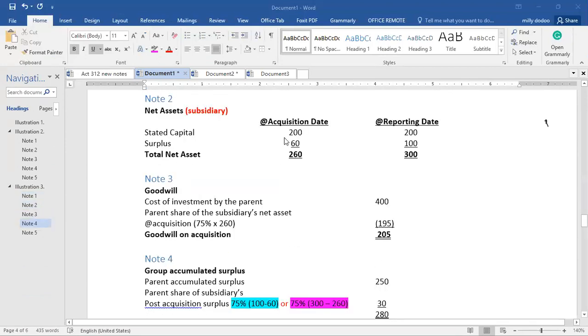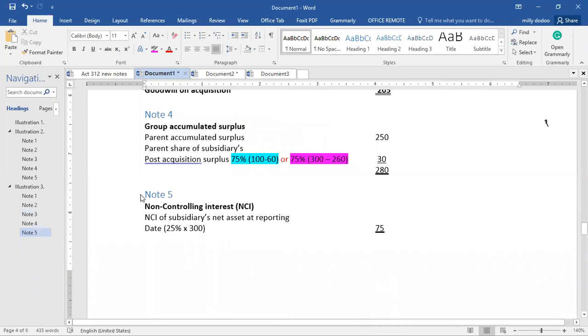You want to buy 80%. Okay, 80% of the net asset is this. So okay, pay like this, then we give it to you. So if 75% of our net asset is 195, then we give it to the buyer for 400. That is all we are interested in. As for the 20% there, we are not even interested in the 25% here at all.